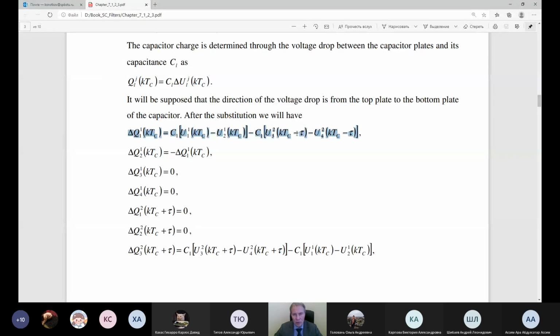I mean this one. So the voltage drop on the capacitor is equal to this difference, this one. And before, on the previous phase, it is important to remind you that the capacitor was before the node number 3 and the node number 4.